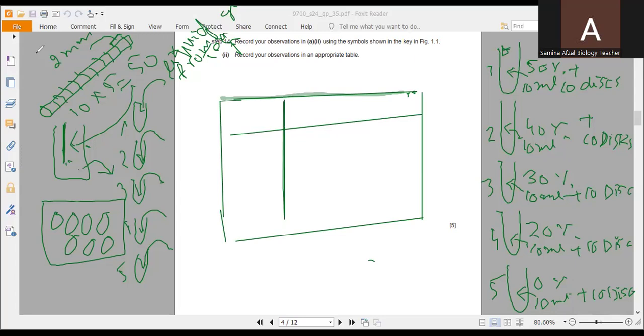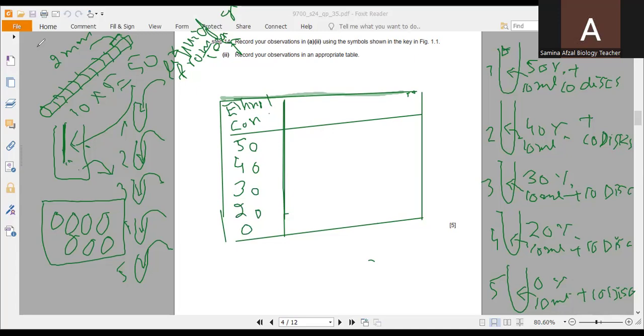In one column, you will write the concentrations. You will write over here ethanol concentration. So it will be 50, 40, 30, 20, and 0, which we had used.